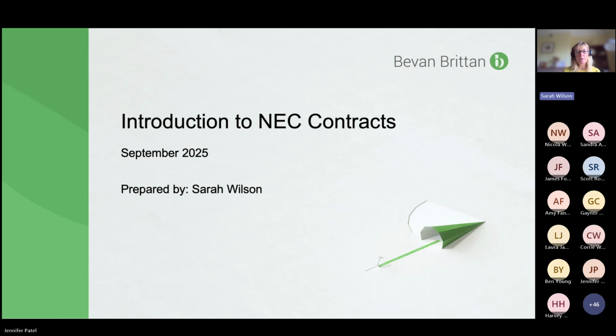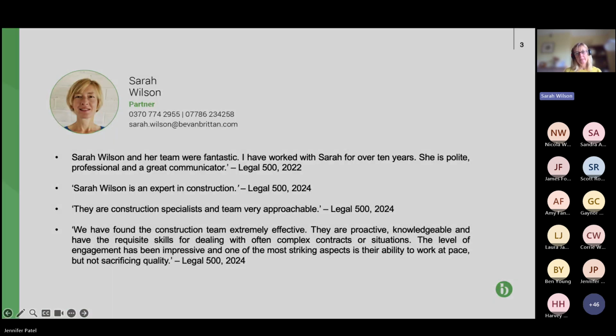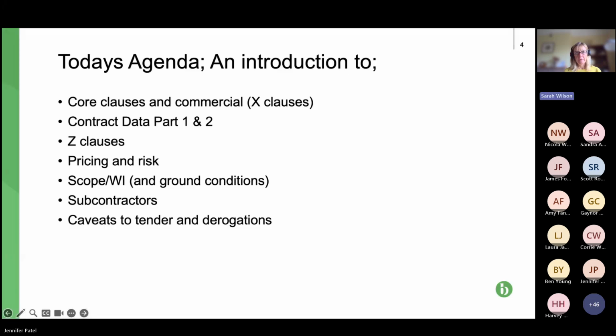So if we can just move on, probably a couple of slides, Jen, please. Lovely. So on the agenda, we're going to look at the structure of the NEC contract. So that's the structure of the document itself, if you buy the contract or the subcontract. We're also going to look at all the different types of contract that you can purchase based on NEC.